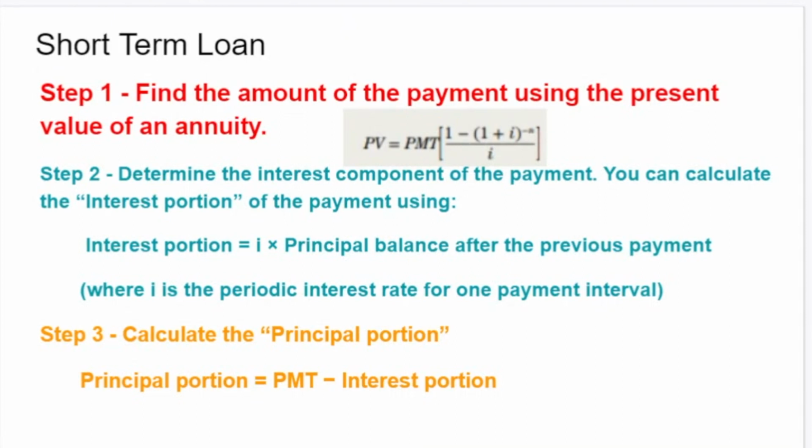The next thing we need to do for the purposes of the accounting issue, as I mentioned, is we're going to figure out how much interest is really part of this and how much is principal repayment. So the first thing we need to do is determine the interest component of a given payment. We simply do that by taking the periodic interest rate and multiplying it by the balance on the loan.